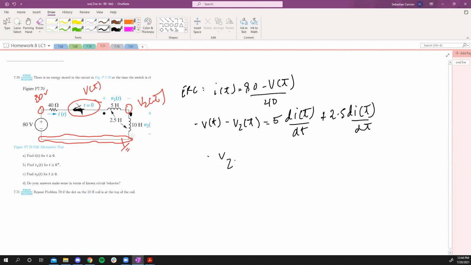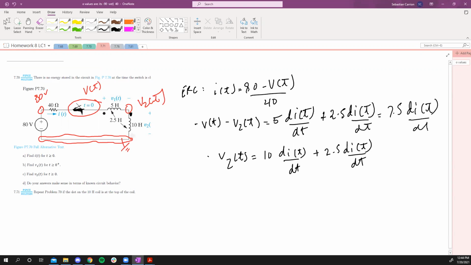And we know V2T is going to be equal to 10 dIT over dt plus 2.5 dIT over dt, which is 12.5 dIT over dt.